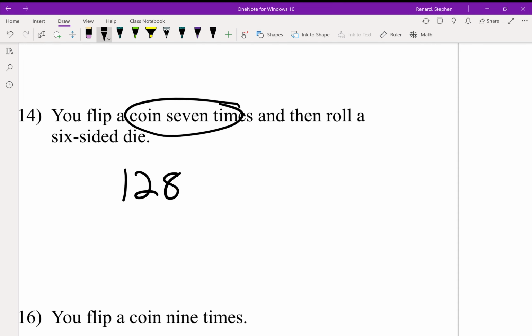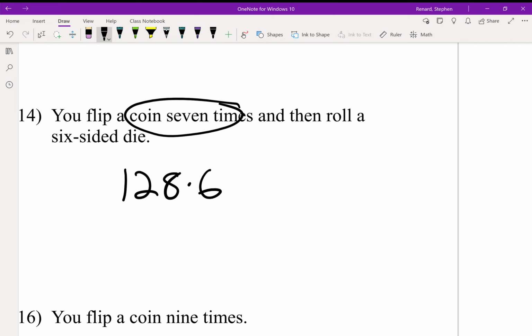And then when I roll a 6-sided die, there's 6 other ways that could end up. So if I flipped all heads, that's one of the 128 ways that I could flip a coin. But there are 6 versions of that, because I could flip all heads, roll a 1, all heads, roll a 2, all heads, roll a 3.